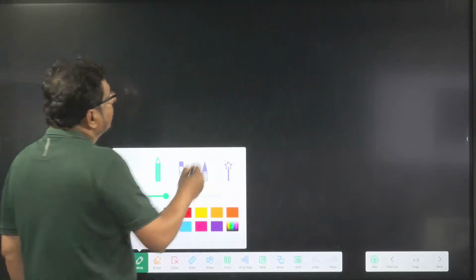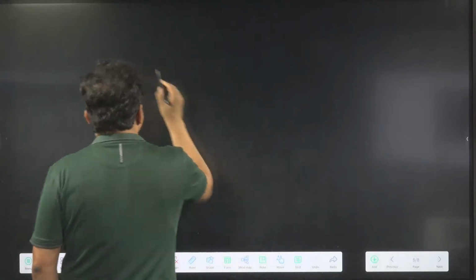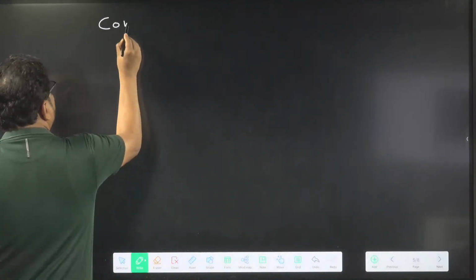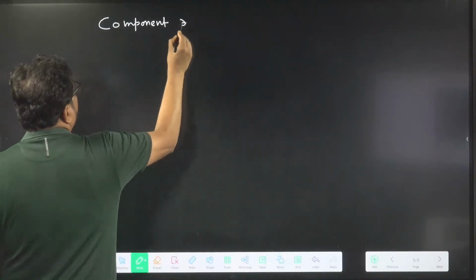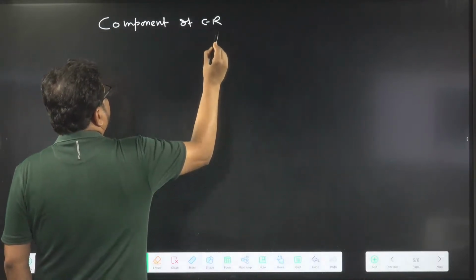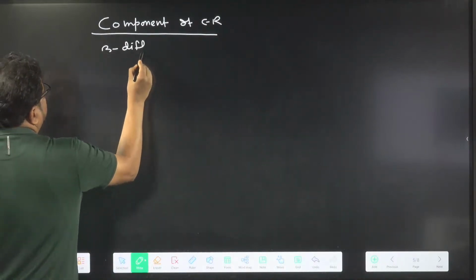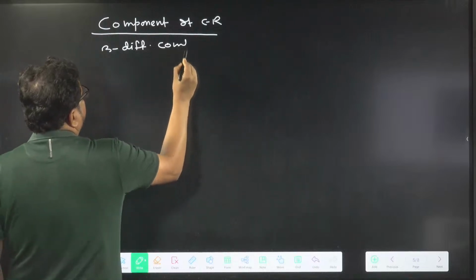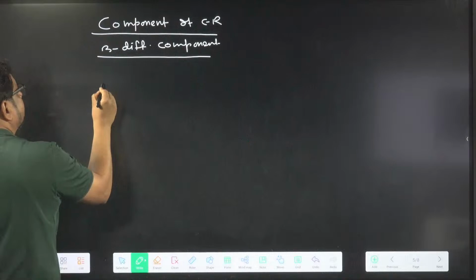Now I am talking about the components of ER. This line is not in NCERT, but I am giving a brief account. Endoplasmic reticulum has three different components.